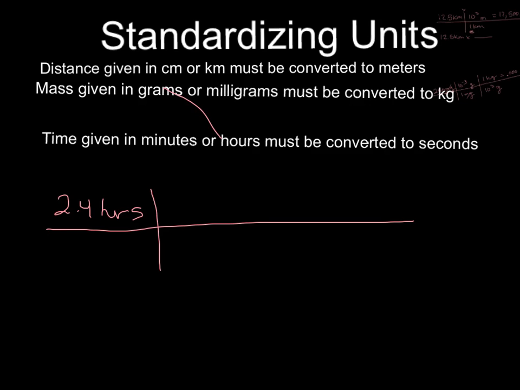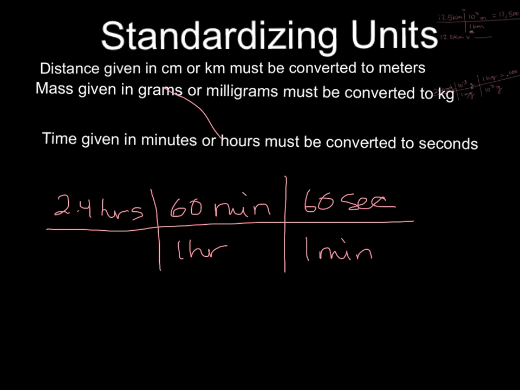Well, most of us don't know how many seconds are in an hour off the top of our head. So, we do know that 1 hour is 60 minutes, and that 1 minute is 60 seconds.